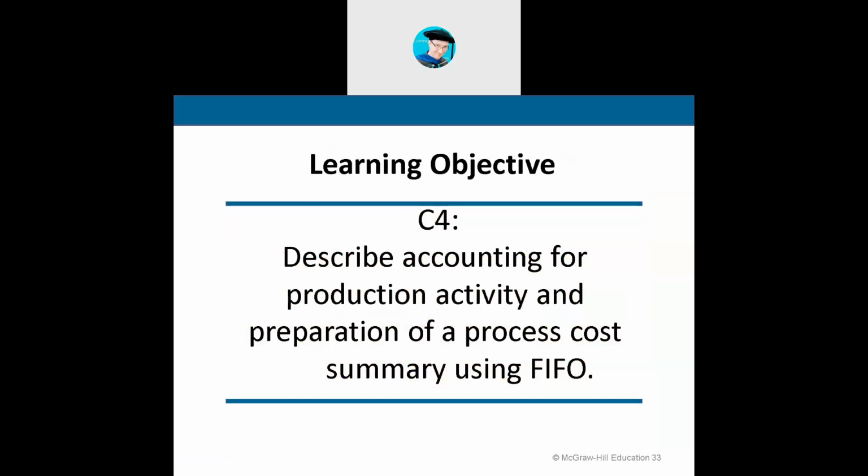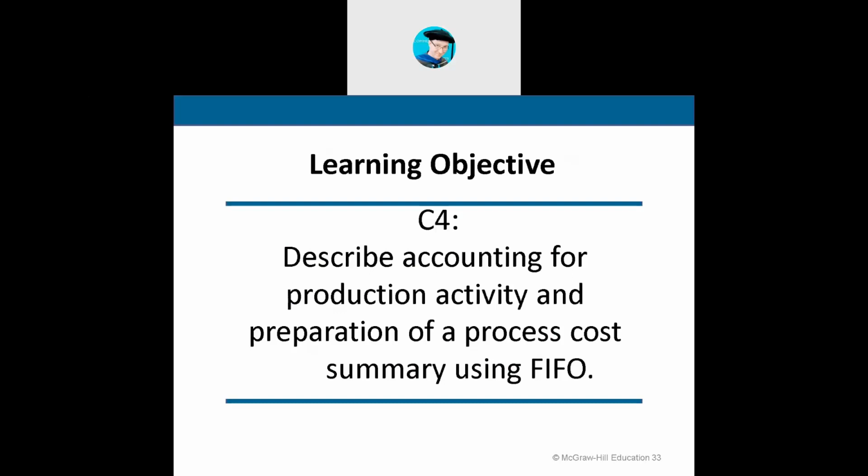Okay. So we talked about weighted average for the inventory using equivalent units of production. Now I want to talk quickly about first in, first out, which is very similar to the first in, first out that you learned about in Principles of Accounting 1.